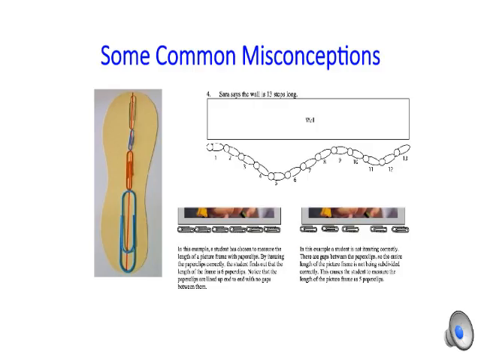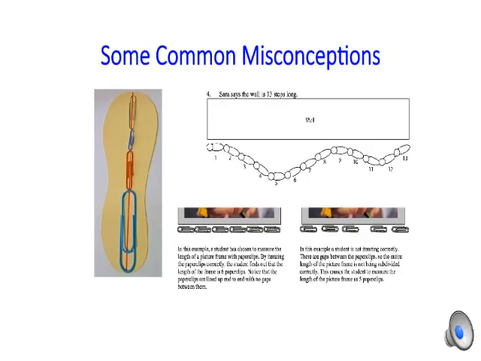In the bottom right, the first example, a student has chosen to measure the length of a picture frame with equal-sized paper clips. By iterating the paper clips correctly, the student finds out that the frame is 6 paper clips long. Notice that the paper clips are lined up end-to-end with no gaps between them, and I would add, no overlapping of paper clips. In the next example, to the far right, a student is not iterating correctly.